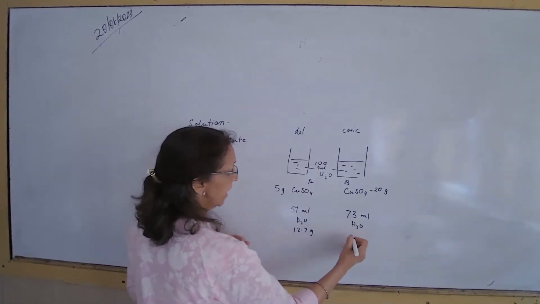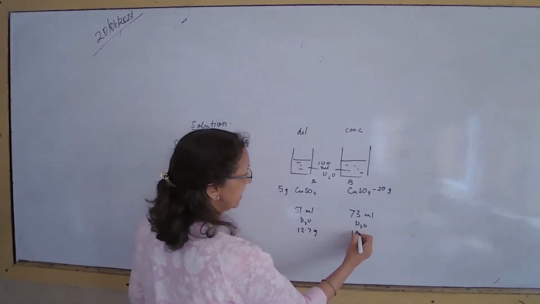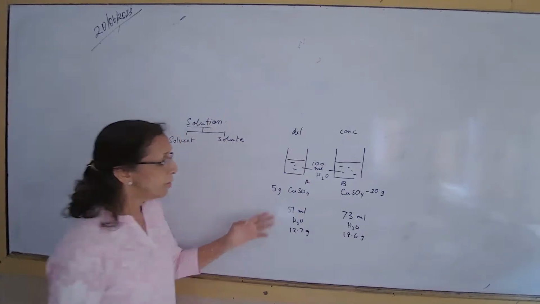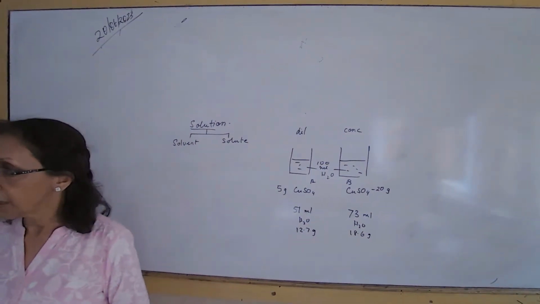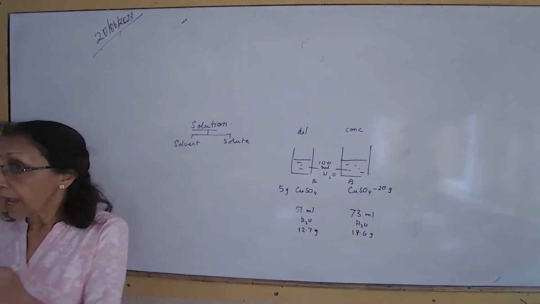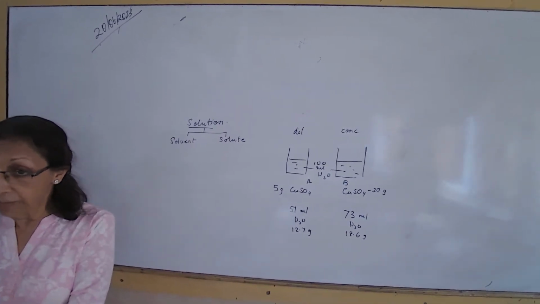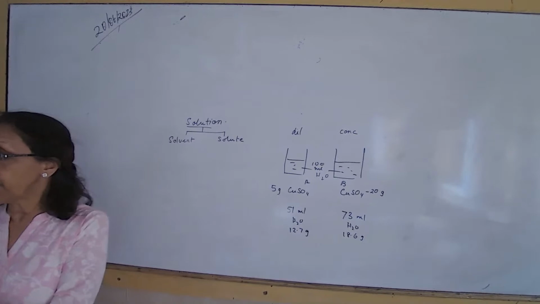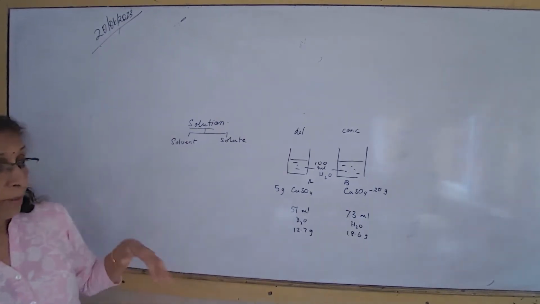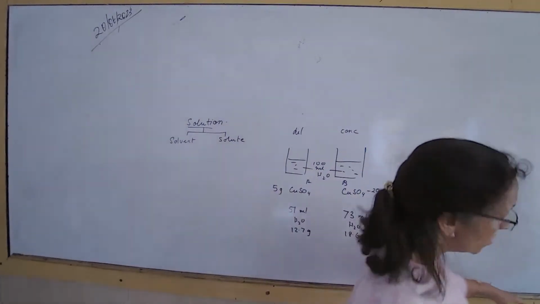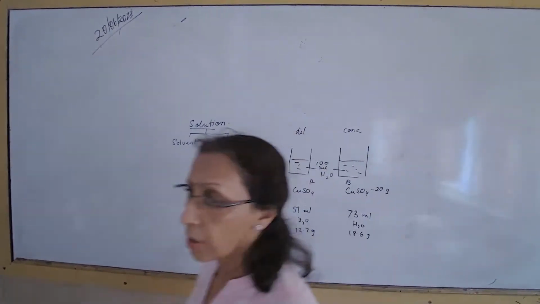Here I'm putting something else, for example 18.6 grams. How do you know which is a concentrated solution or a dilute solution? If both the solvents are the same, then maybe you can compare and tell. But now my solvent is different, my solute is also different. So obviously we cannot make out.